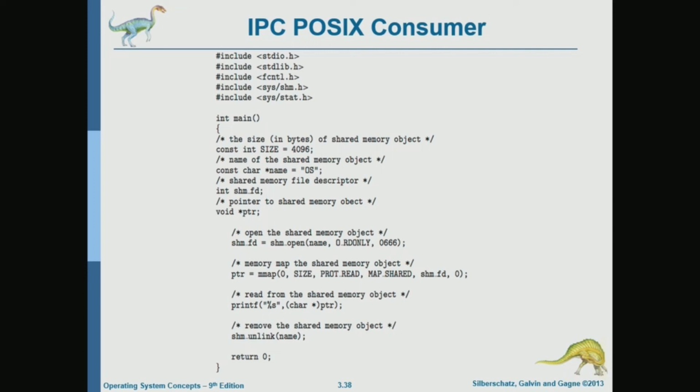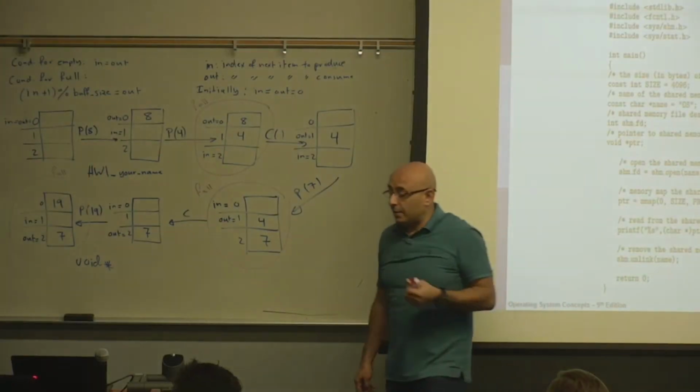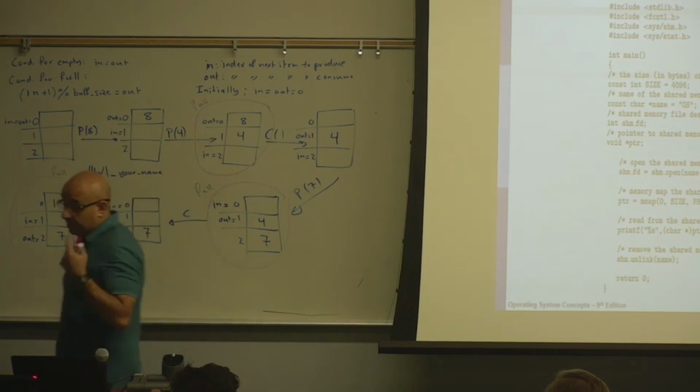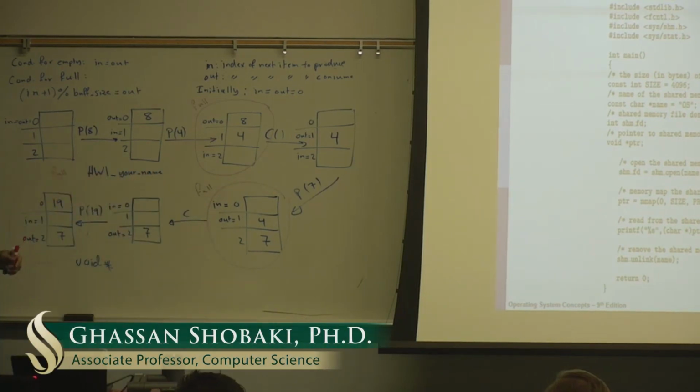Okay. Now here in this example, the consumer is going to be reading the strings. In assignment number 1, read only will not be enough. Our consumer will be modifying the buffer, not only reading it. Why?